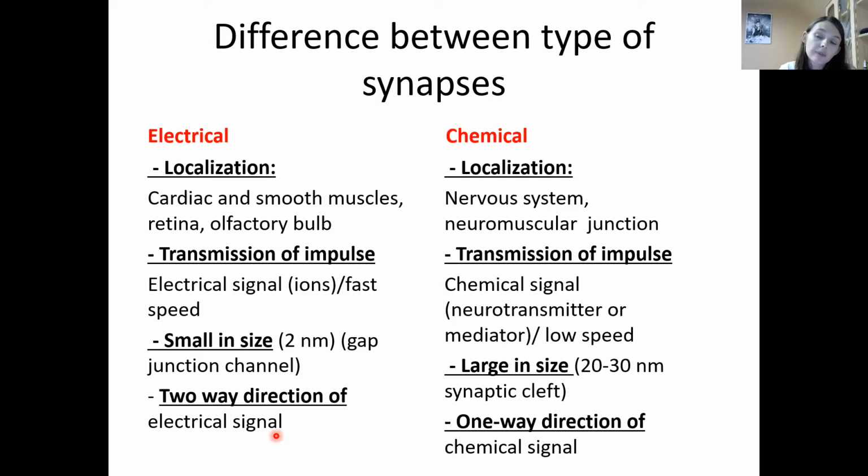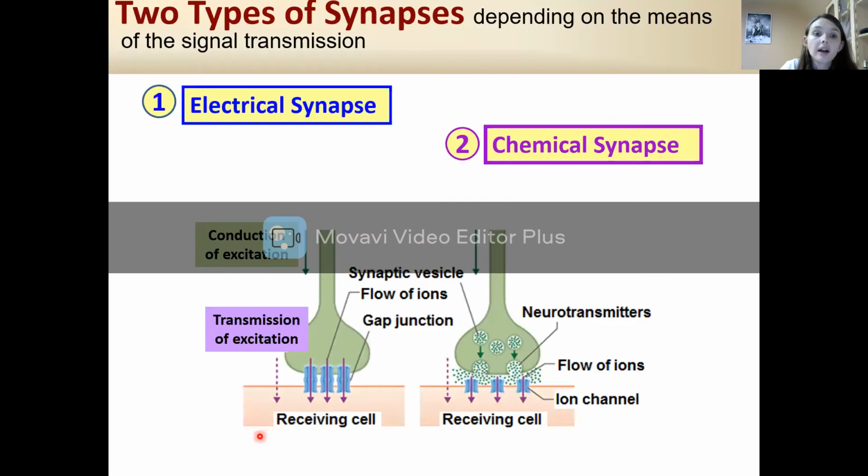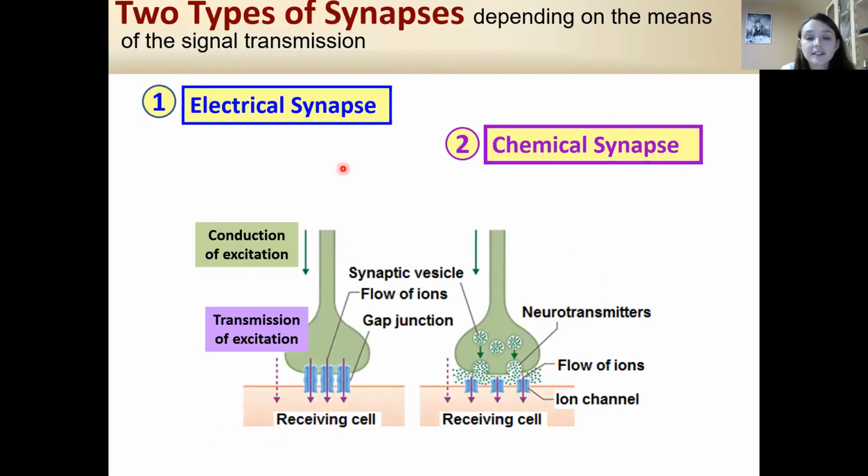But in our body we have a small amount of electrical synapses. That is why mainly we will talk about the one-way direction of the signal in the synapses.